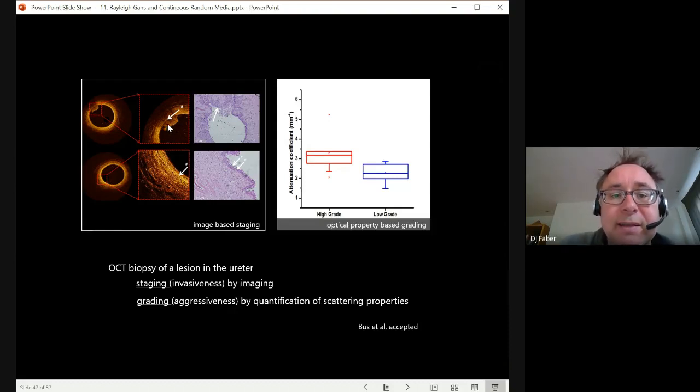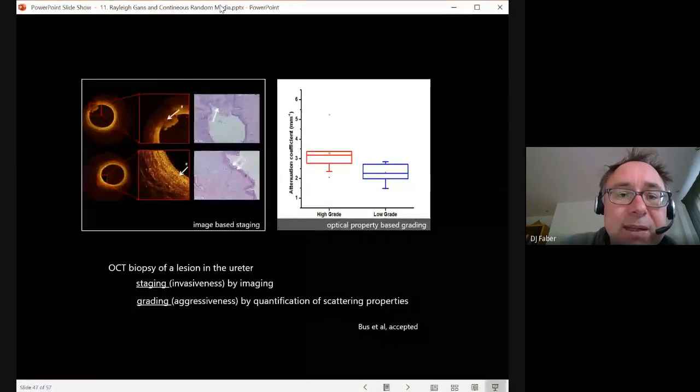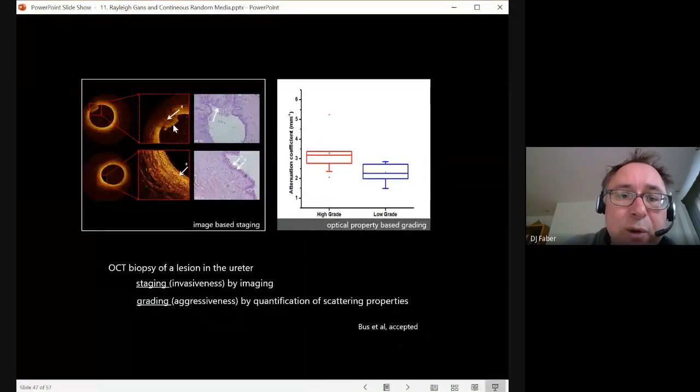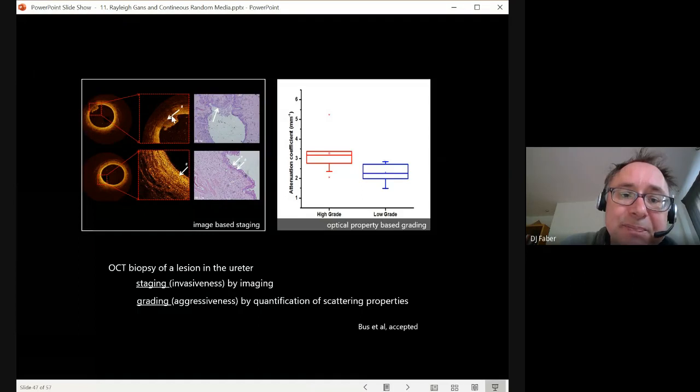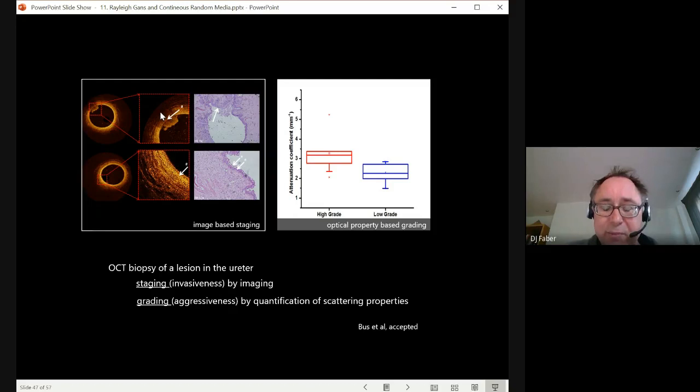One of the things that the doctors really would like to know is whether this tumor is growing in or not. There is a small membrane that separates the outside tissue from deeper tissue layers, the so-called basal membrane.